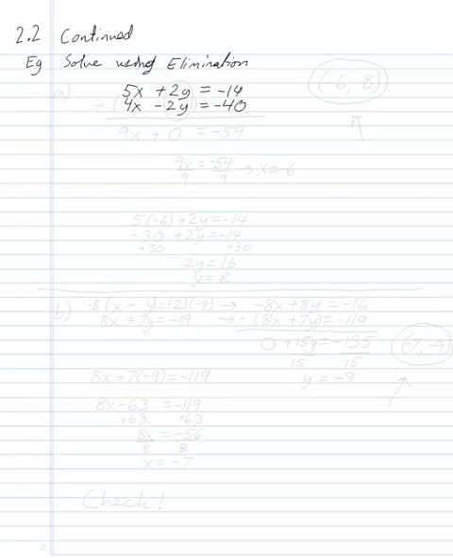So, I'll begin looking at the second system that we worked with in the previous part. Let me consider these two equations, 5x + 2y = 14 and 4x - 2y = -40. So with elimination, whose process is listed on page 34, we would like to rearrange the equations if necessary so that they are in standard form.